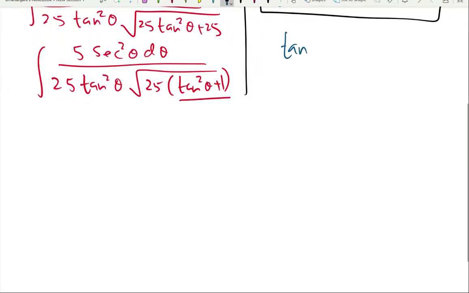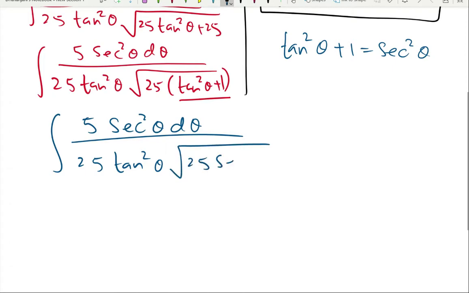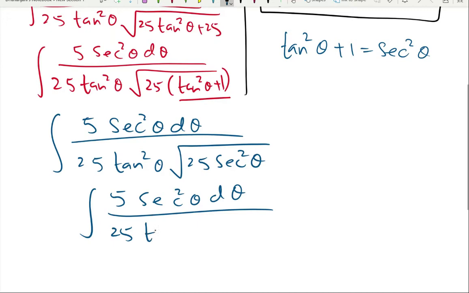By the Pythagorean identity, tangent square theta plus 1 is equal to secant square theta. So let's replace that: 5 secant square theta d theta over 25 tangent square theta times the square root of 25 secant square theta. Let's take the square root now, because you don't have any addition or subtraction inside the square root. So the square root of that is 5 secant theta.